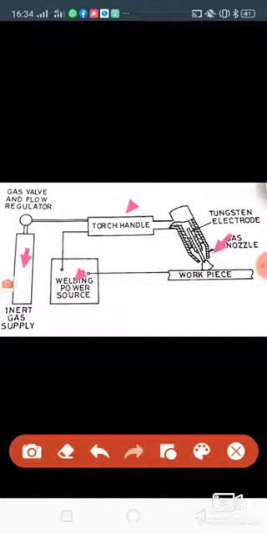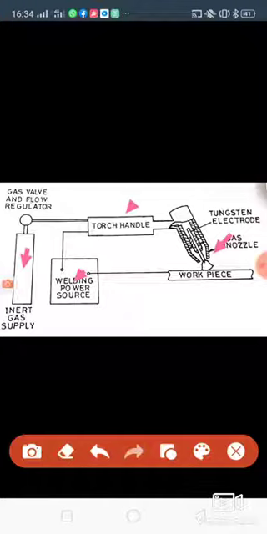When there is a 2 to 3 mm gap between the tungsten electrode and the workpiece, the air medium in that gap will get ionized, and due to this ionization, a conduction band is formed between the tungsten electrode and the workpiece.